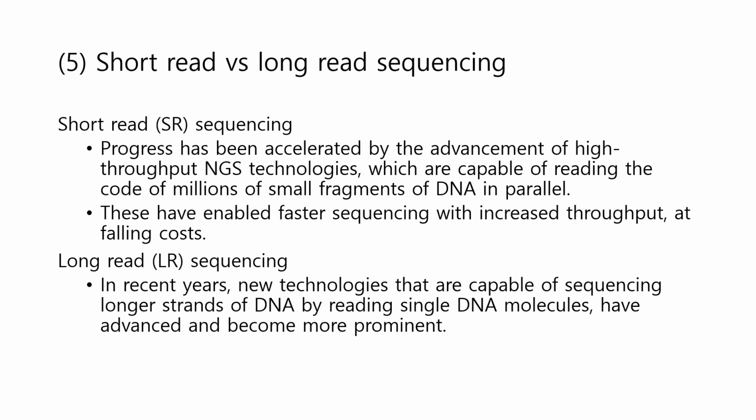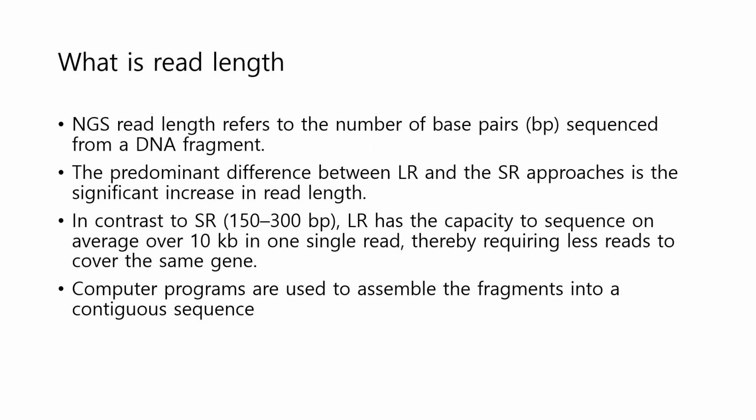Another thing you have to consider before you start an NGS study is the method: short read versus long read sequencing. Then, what is read length? NGS read length refers to the number of base pairs sequenced from the DNA fragments. The predominant difference between long read and short read approaches is the significant increase in read length.